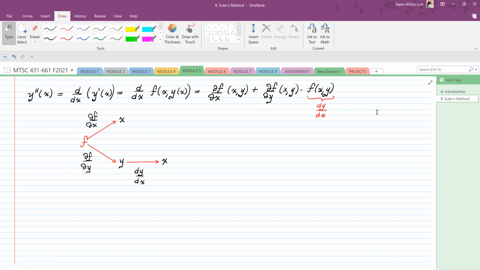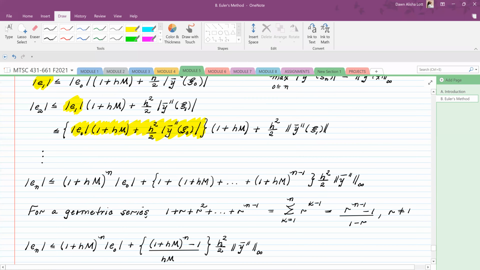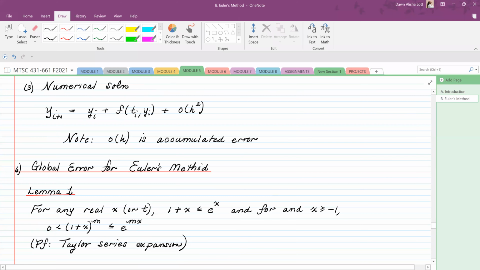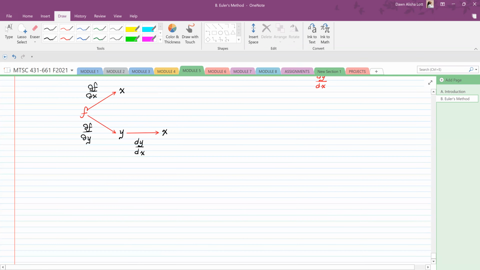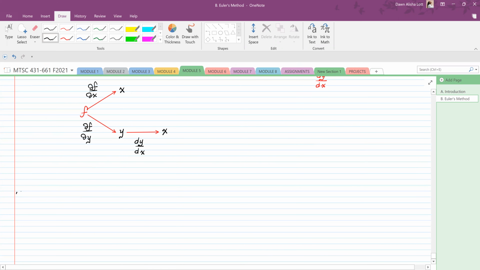All right, round off error. Global error was... Okay, so round off error gets propagated because if you're rounding your solution, if you find y1, I'm just going to scratch here.